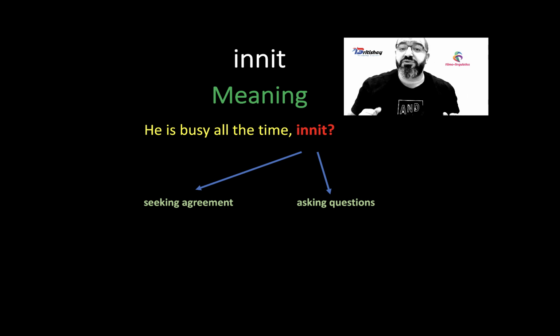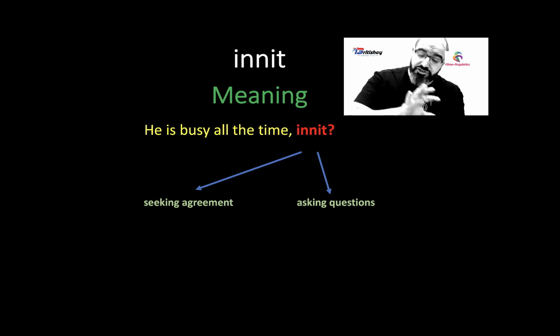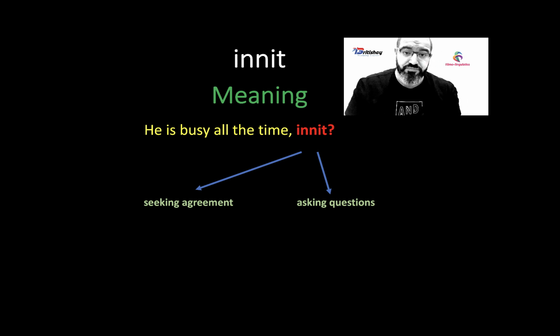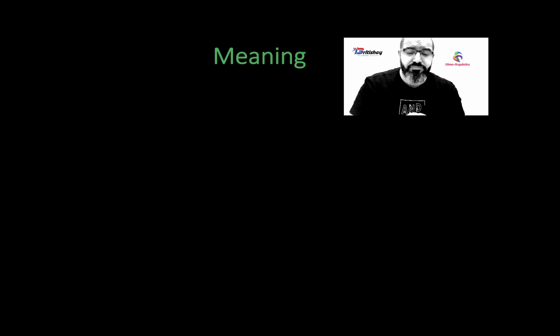So it will sound like a question in the second scenario. So again, the meaning of innit in English language is used either to seek agreement or to ask a question. How would you do this? By changing your intonation. Now let's move to another part of meaning.